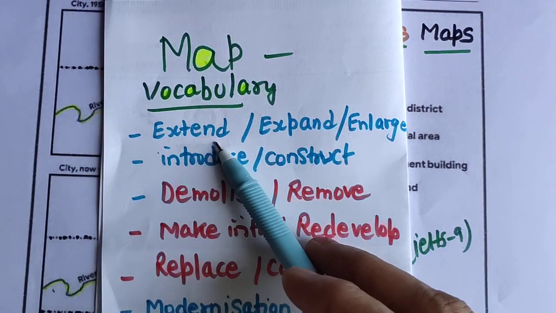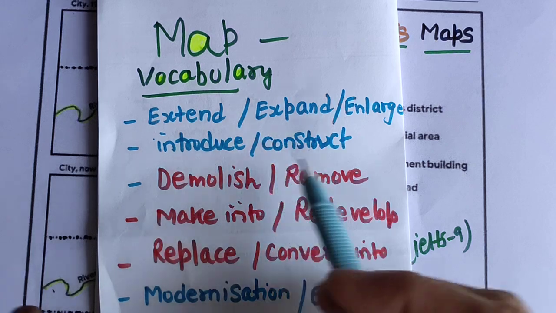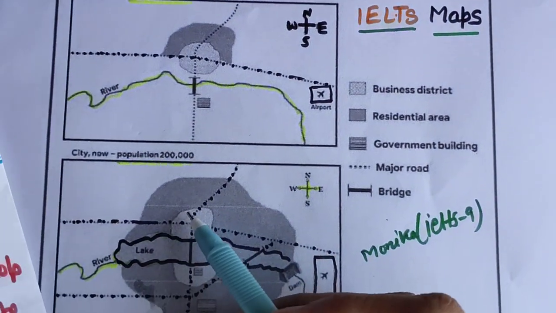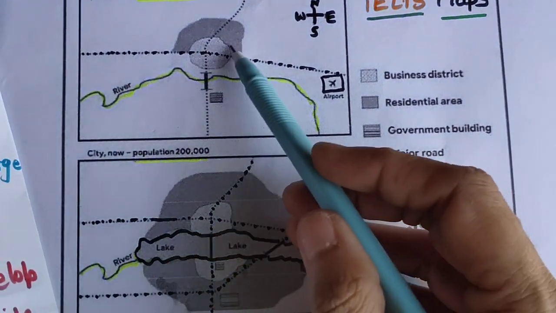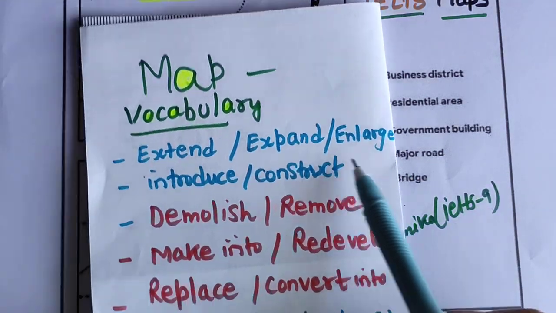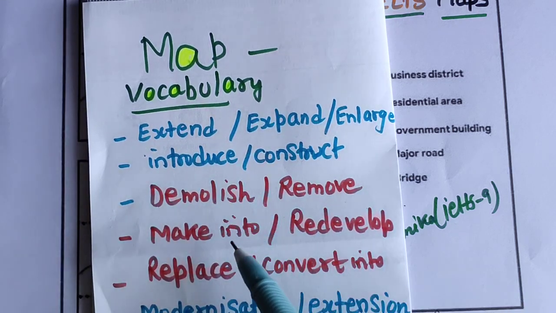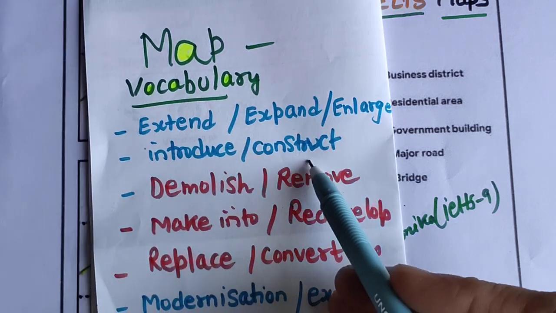So first one is extend, expand. When something is extending, like a building, you can see this residential area from this much to this much, extended or expanded or enlarged. Introduce means something new is introduced in the map, or introduction or construction.